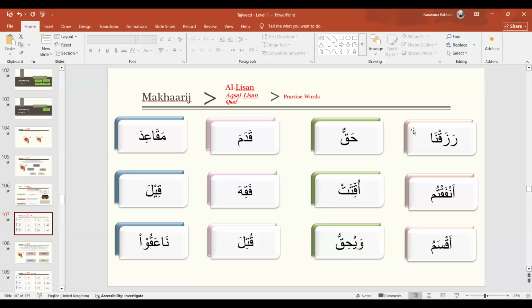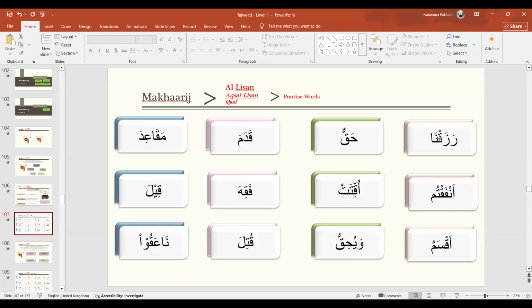We can categorize qalqala into three according to how strong the qalqala is. First, the least is when the qalqala letter comes in the middle of a word, and it is razaqna. That's the least.